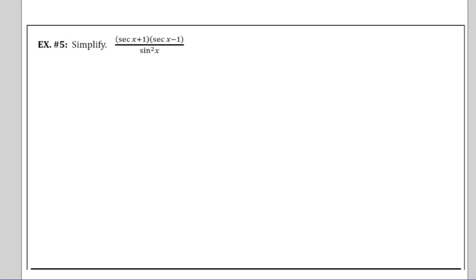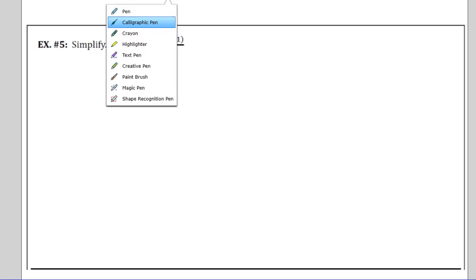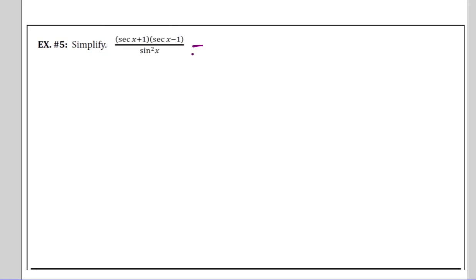In the numerator, what might we do? Yes, we can multiply, right? And this fits our difference of squares pattern. So this is just going to be secant squared x minus 1 over sine squared x. Okay, what do you think we can do next?